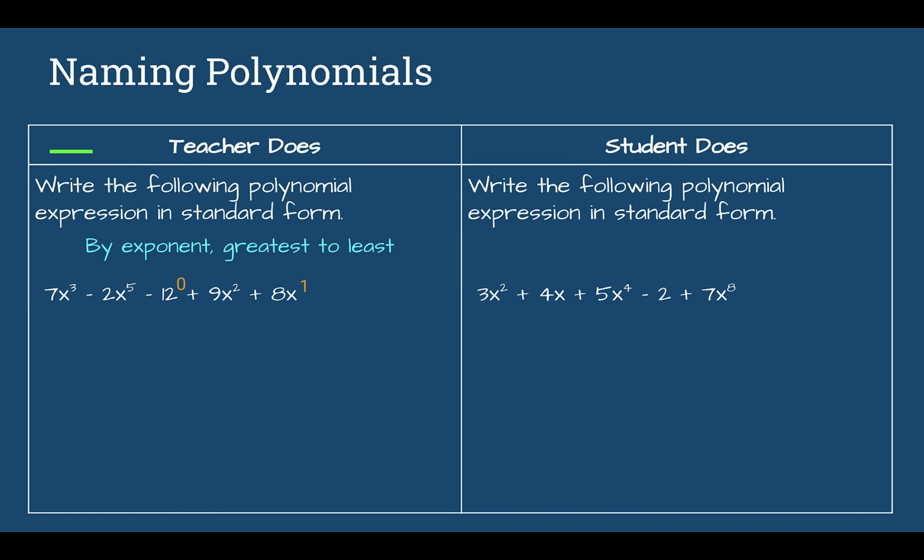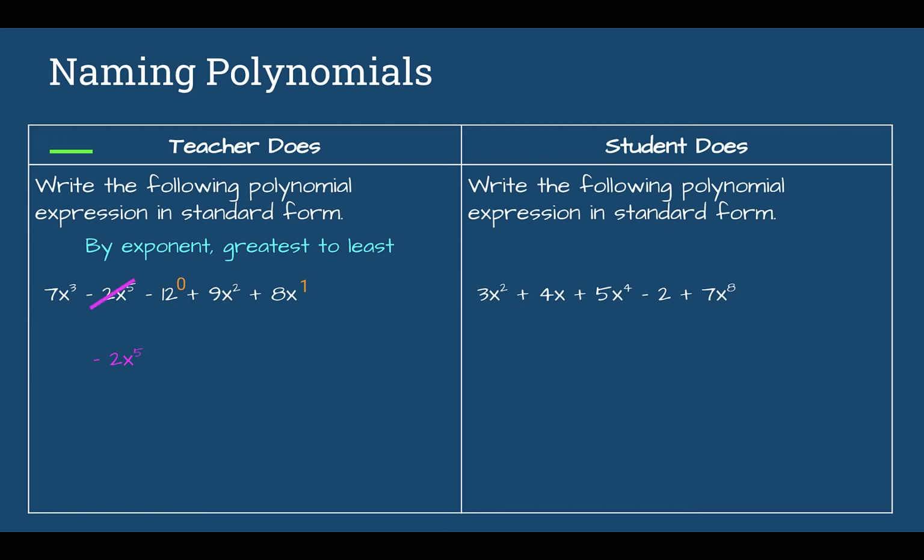So now we're going to order those from greatest to least. Negative 2x to the 5th would go first. Remember, the plus or minus symbol goes with the thing after it. So that 2x minus 5, that minus would go with it. So I'm going to cross it out. That way I keep track of which ones I've used.